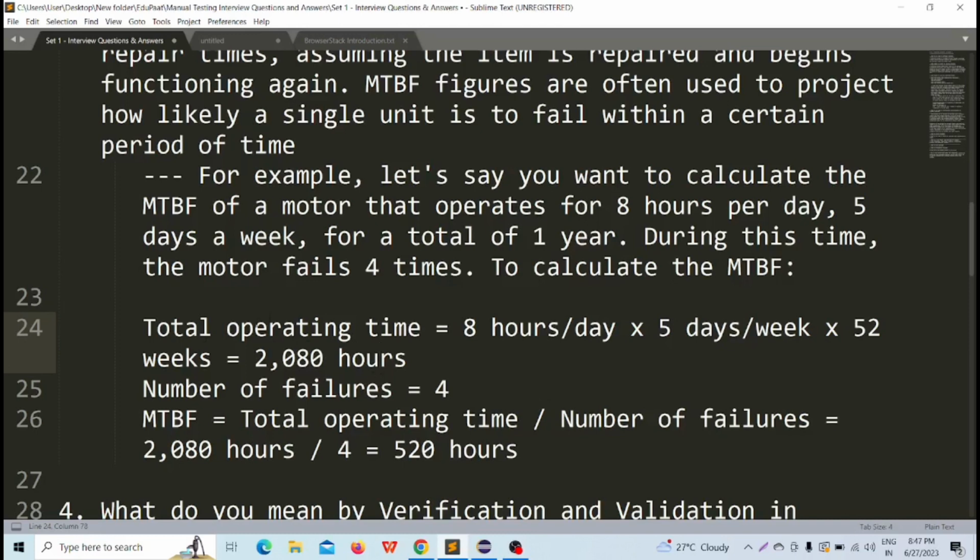The number of failures is 4. So how do we get the MTBF? MTBF is the total operating time divided by the number of failures. That means 2080 divided by 4, which is 520 hours. So the MTBF rate will be 520 hours.